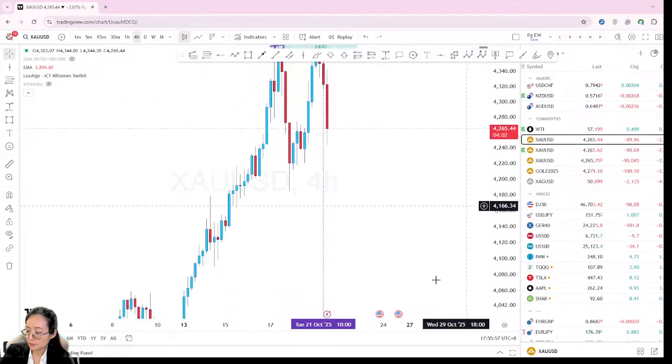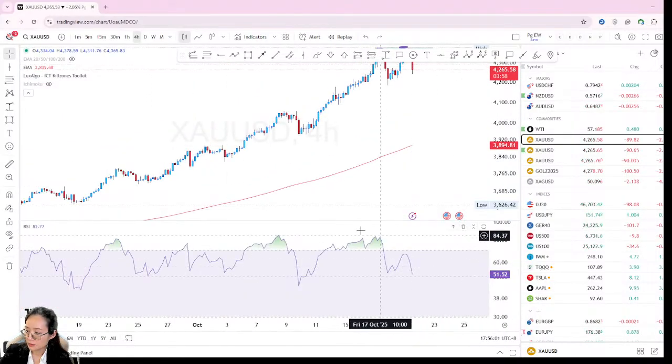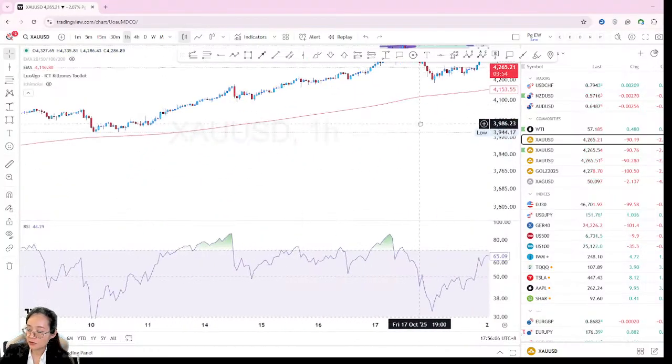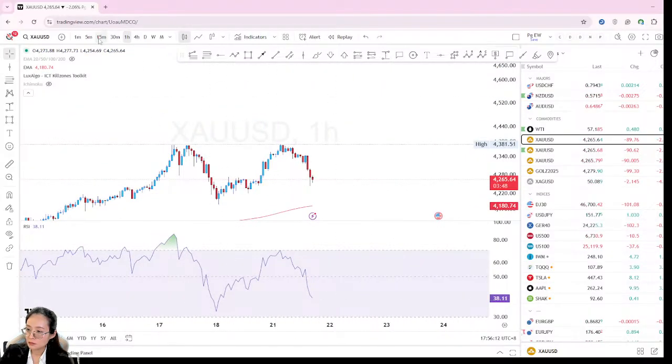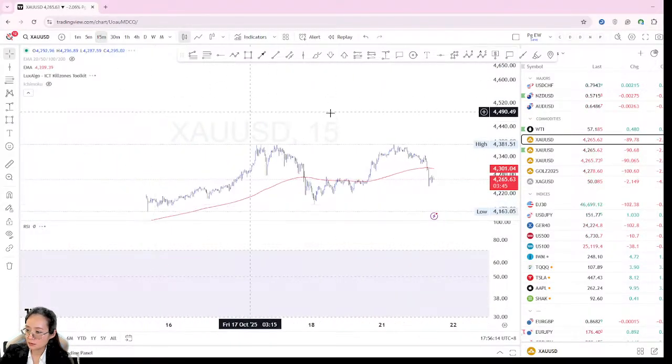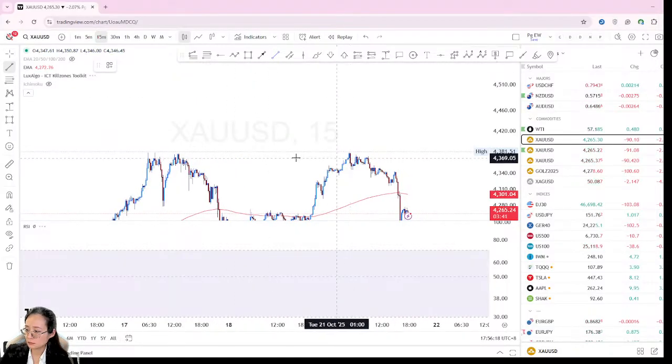Let me double check. Somehow I forgot. I'll remove the indicator and go to H4. Okay, for the bearish divergence, I know that in yesterday's confirmation, M5 or M15, okay, M15.